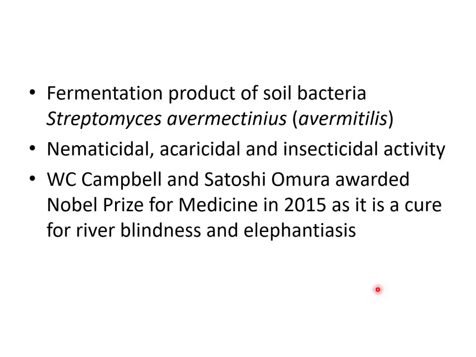For the discovery of avermectins, the scientists who pioneered it, W.C. Campbell and Satoshi Omura, were awarded the Nobel Prize for Medicine in 2015, because these avermectins were found to be an excellent drug for the management of river blindness and elephantiasis.